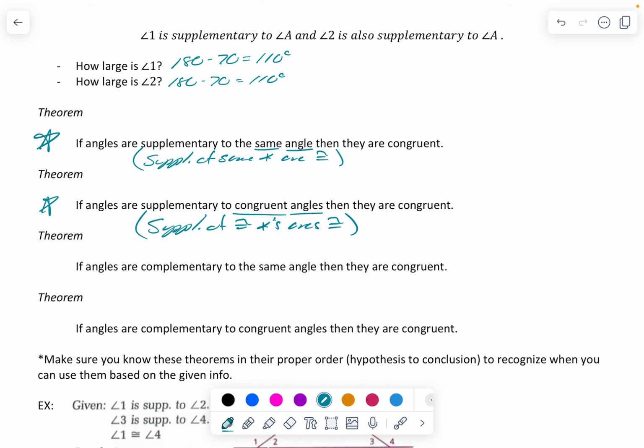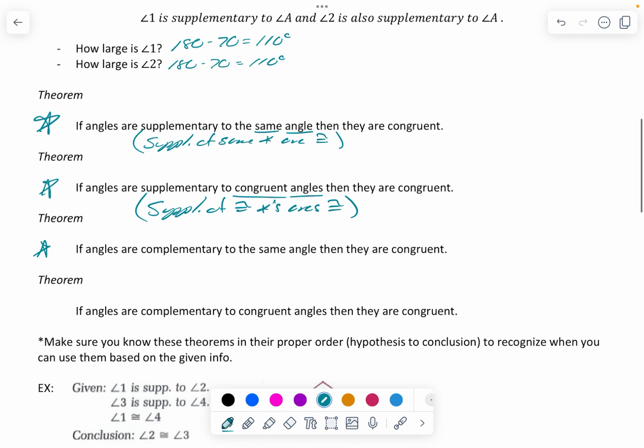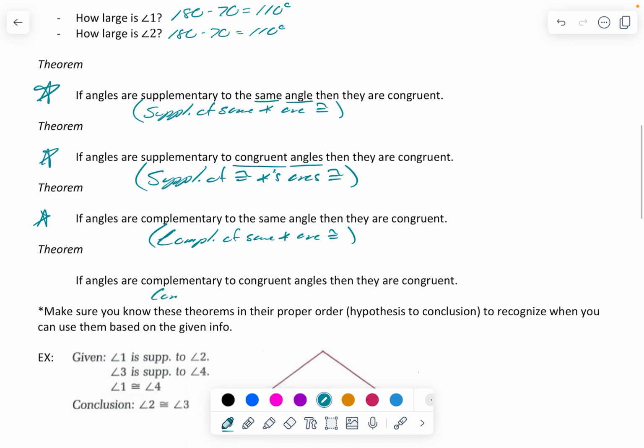Now, of course, the supplementary rules also follow with complementary. So angles complementary to the same angle are congruent. So we would say complements of same angle are congruent, and complements of congruent angles are congruent.